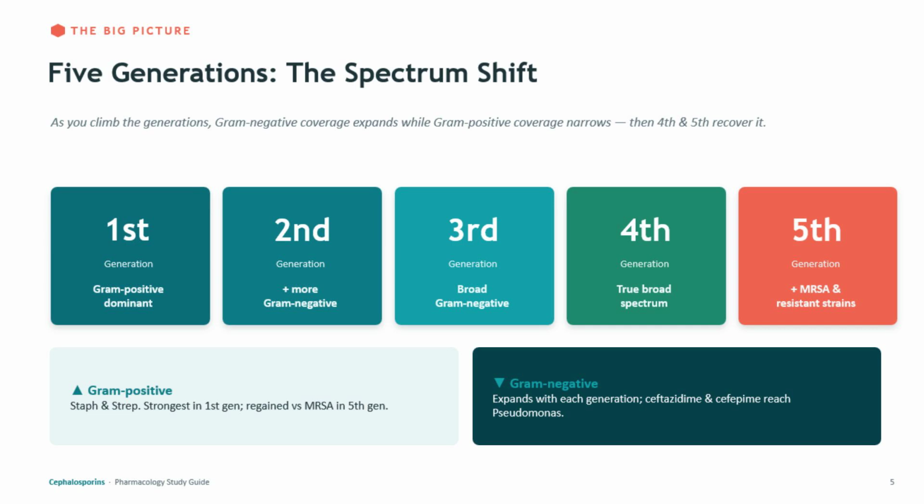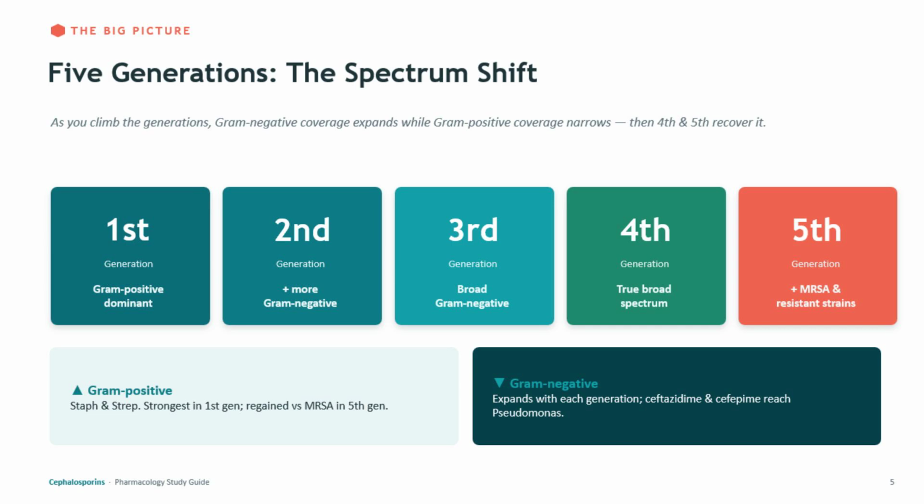As you move into second and third generation, gram-negative coverage expands steadily, but gram-positive coverage narrows. Then something interesting happens. The fourth generation swings back to give you true broad-spectrum coverage, strong on both sides, and the fifth generation even recovers activity against resistant gram-positives like MRSA.